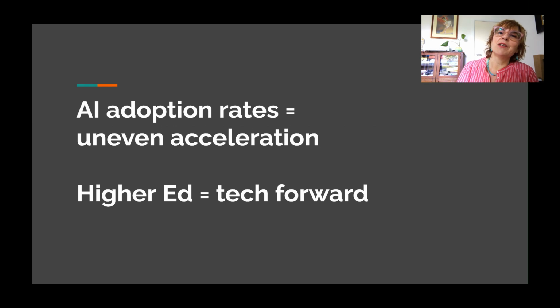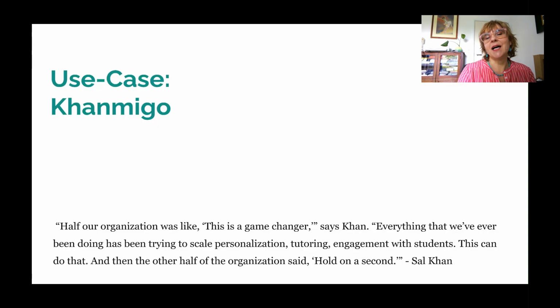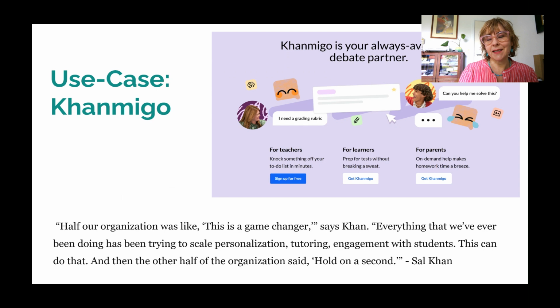So the use case I'm looking at is Khanmigo. So the Khan Academy has been around for many years, and the founder, Sal Khan, wanted learning to be as accessible as possible, having come from a disadvantaged background himself, and has created thousands of videos and was hoping that could be his legacy.